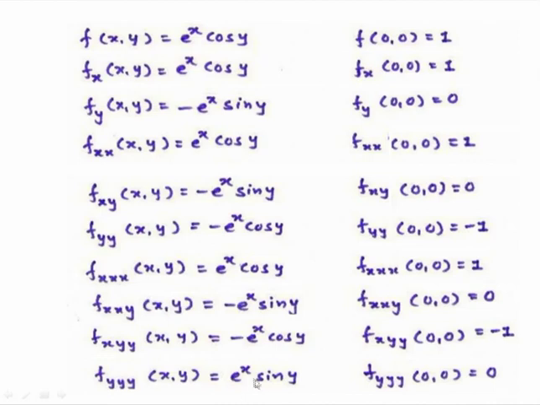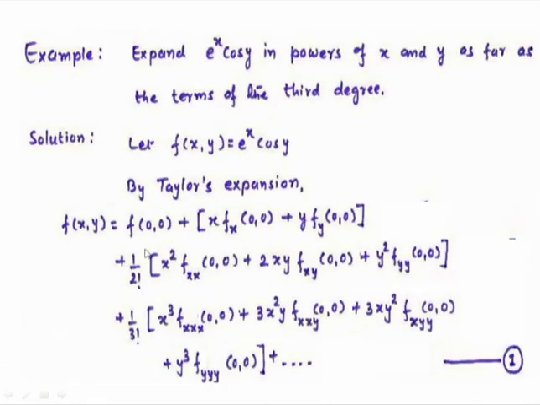So minus and the previous minus sign becomes plus, so e raised to x sin y. So fyyy at the point (0, 0) is 0. Now we substitute these values in this result.